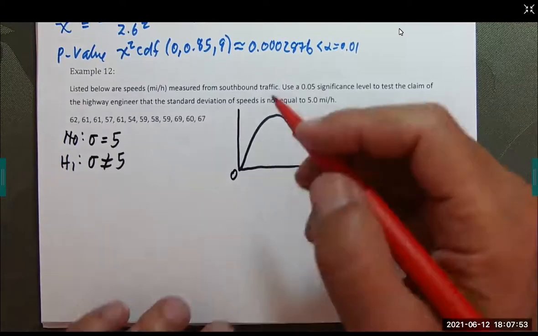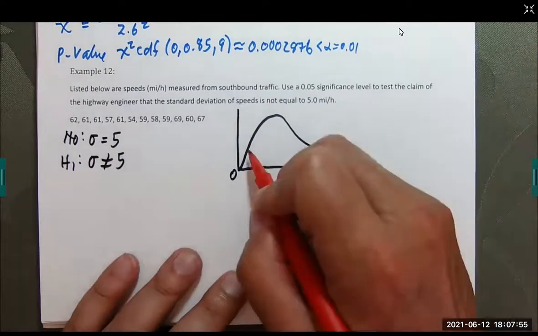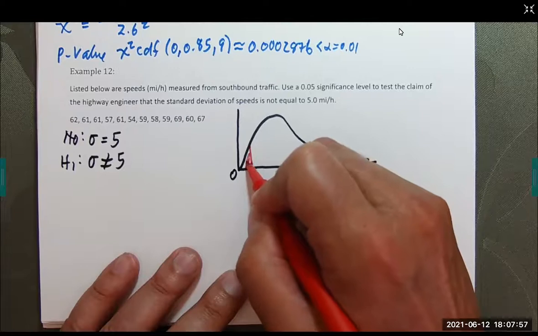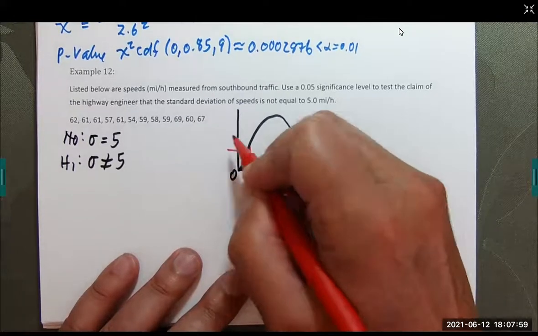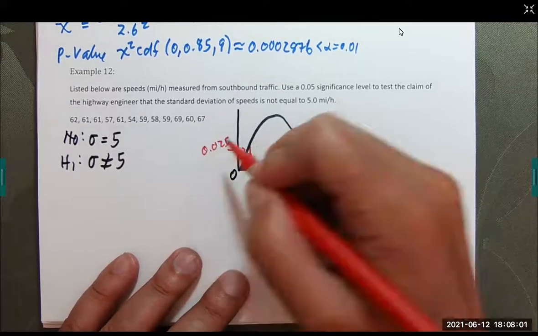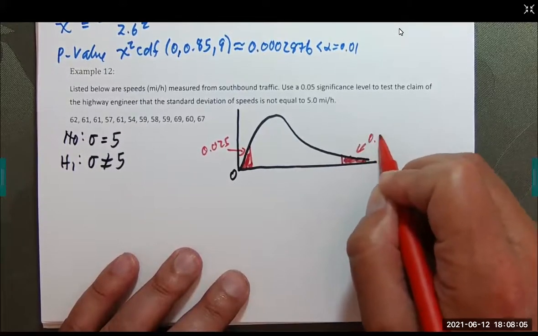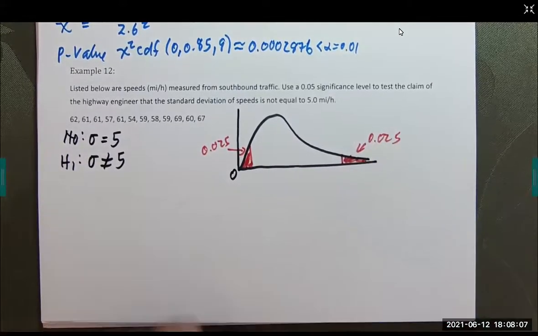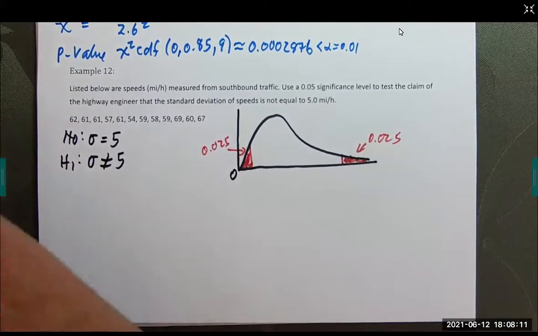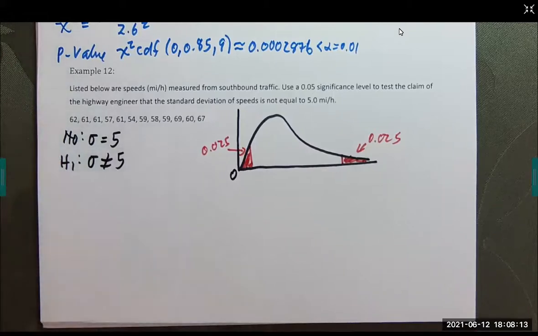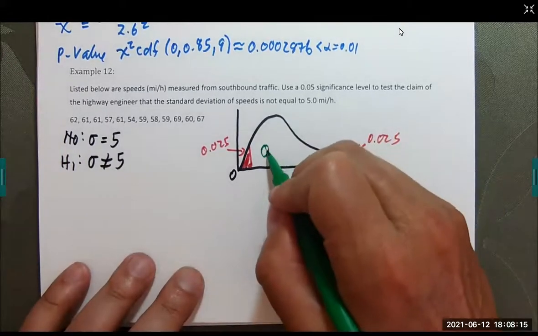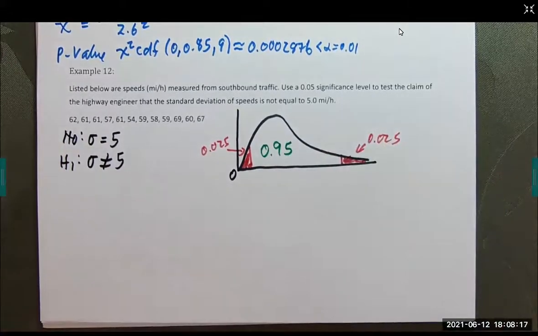And our alpha is 0.05, so this is going to be 0.025 in each tail. So we're going to end up with 2 of them. Now I want to remind us that in the middle here, this is 0.95, because we need area to the right to get that.